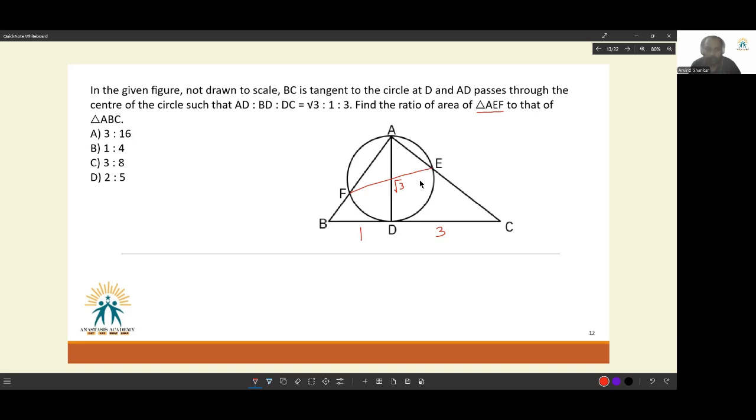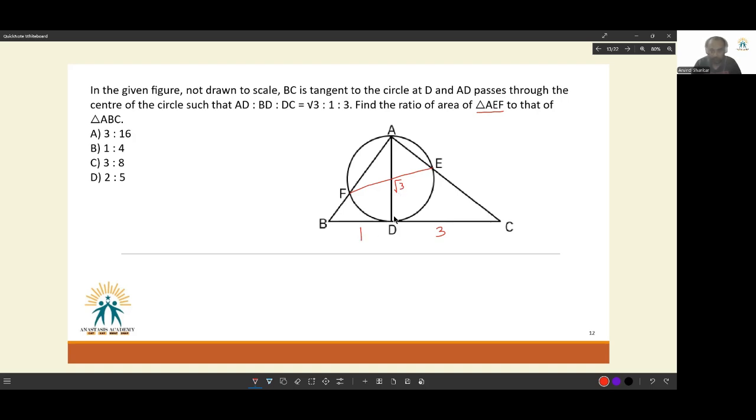Okay. Area of ABC is fairly straightforward. I've taken it as absolute numbers because finally what I need to do is simply ratios. So it doesn't matter if I take them as R or whatever. So I'm taking it as absolute numbers only.